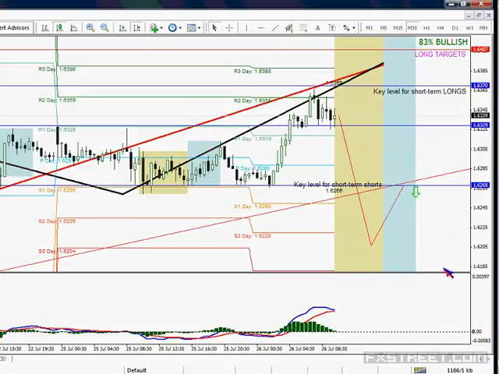Now remember, if you are shorting, you would be doing that against the trend actually. So that would mean you want at least a break of the horizontal support, followed by a retracement that would give you a better price, okay, followed by another drop.